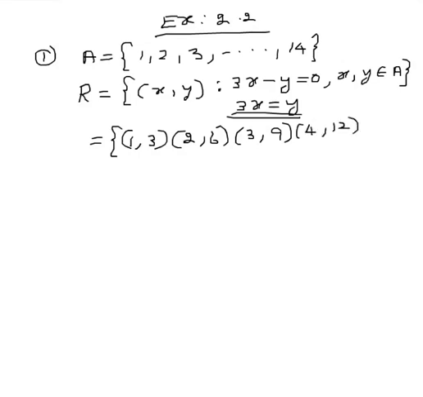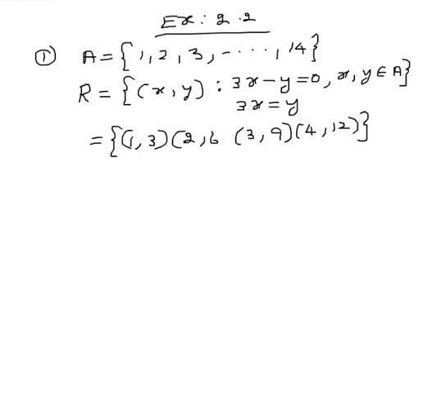For 5 it is 15. But if you notice, the definition says that x and y both should be in A. 15 is not in A. Therefore, we cannot consider this last element. So this relation has only 4 elements.